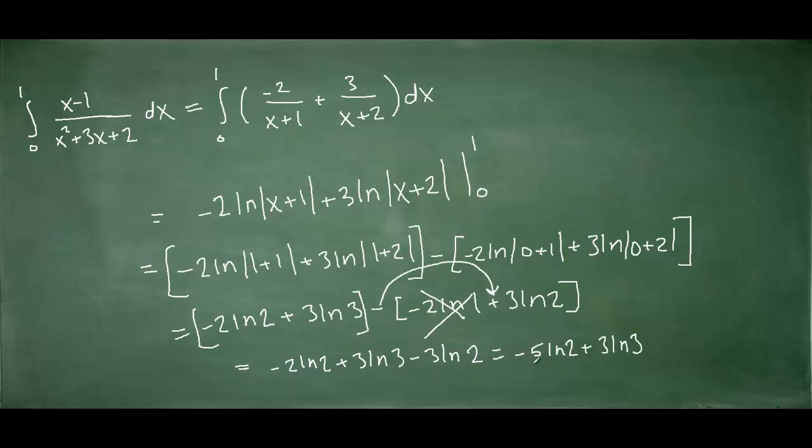We have a negative quantity added to a positive quantity, so we can flip those around into a more convenient form. Using properties of logarithms, we can take the coefficient and move it up to become an exponent. We can do that in this case as well. And finally, using another property of logarithms in which subtraction can be rewritten as division, we obtain the following final answer.